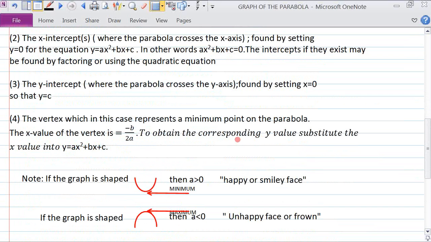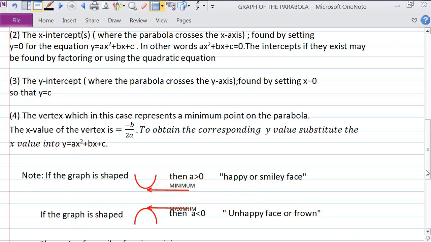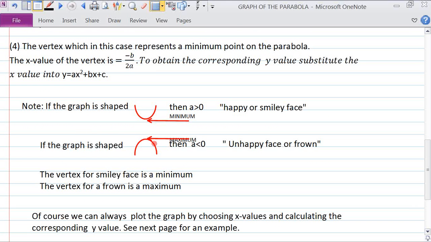Now, if the graph is shaped like this, as in our case, I'm going to call this a happy smiley face, then the coefficient of x squared, a, has to be greater than 0, has to be positive. Remember the equation here. We can also have a graph shaped like a frown. When it's shaped like a frown, this point is now a maximum.